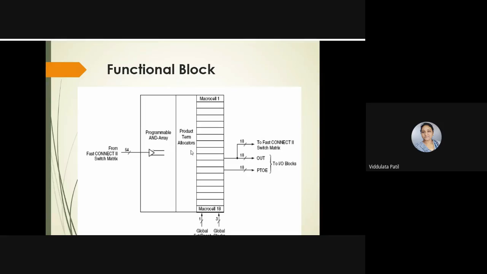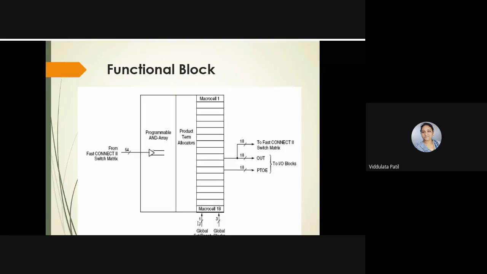These product terms will be allocated to the macro cells, which will produce certain outputs. These outputs from macro cells can be connected to the fast connect switch matrix, or to the IO blocks. So these will be the connections from the macro cells of the functional block of the CPLD to the other connections.